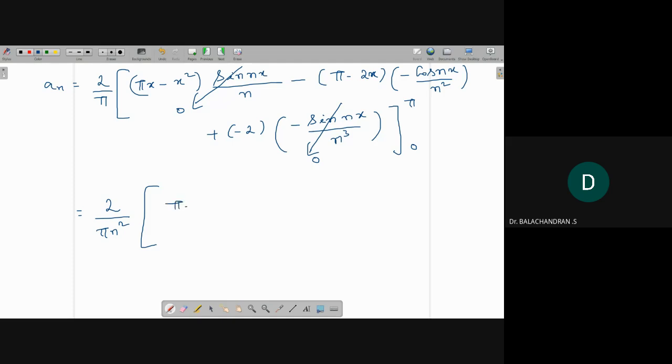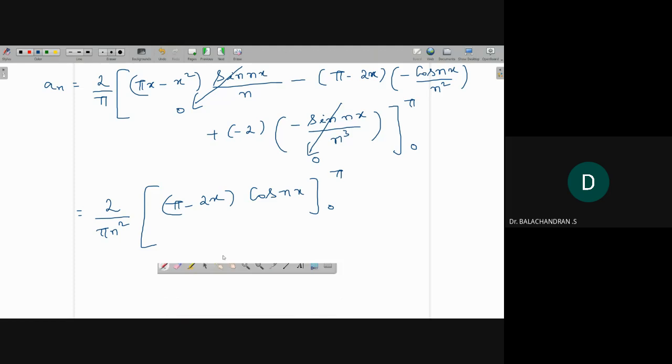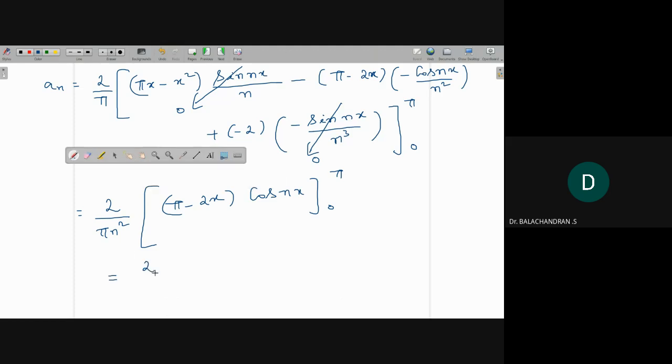You have (pi minus 2x) into cos nx, limit from 0 to pi. Now you can substitute 2 by pi n square. Upper limit is pi minus 2 pi, which is minus pi. Cos n pi is minus 1 whole power n. Minus, when x is equal to 0, you have pi. Cos 0 is 1. So take commonly minus pi.